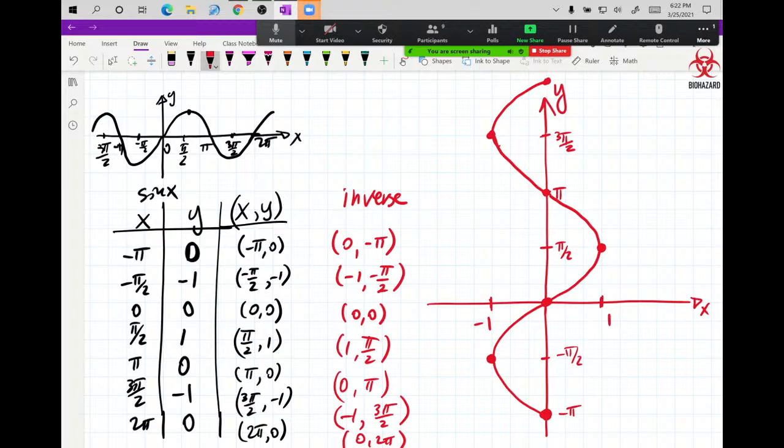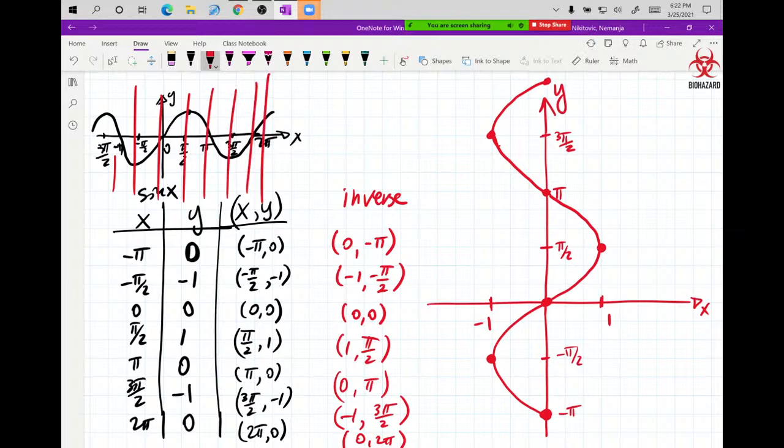So we started with a sine function, and a sine function passes the vertical line test everywhere. No matter where you draw the vertical line, it passes. Draw a vertical line here, and it fails infinitely many times. So that is not a function. Is it an inverse? Yes, it is. Is it a function? Nope. Not a function.